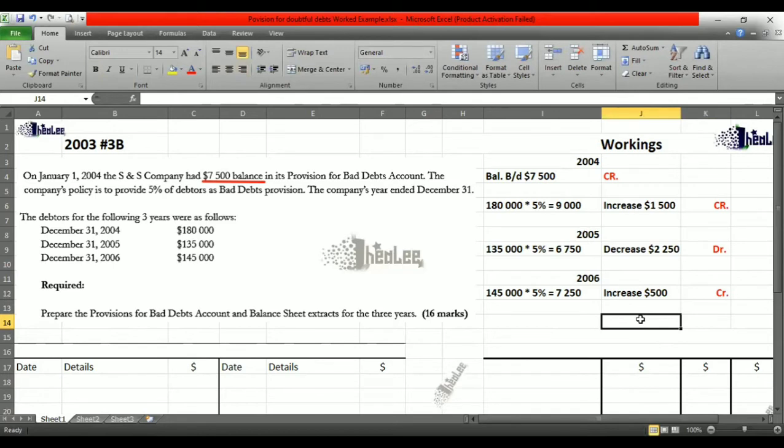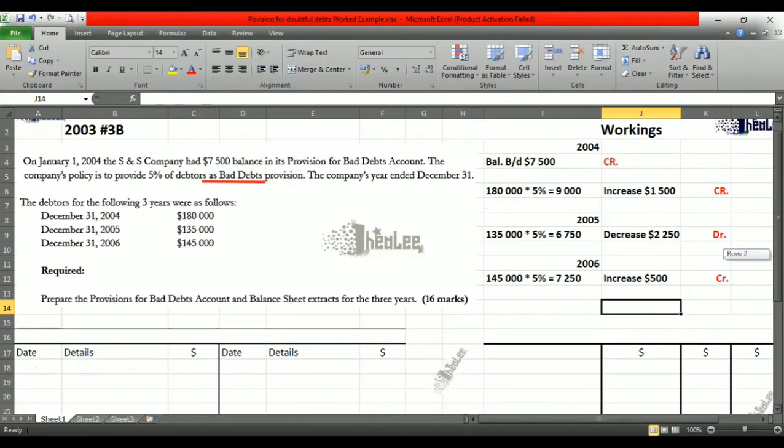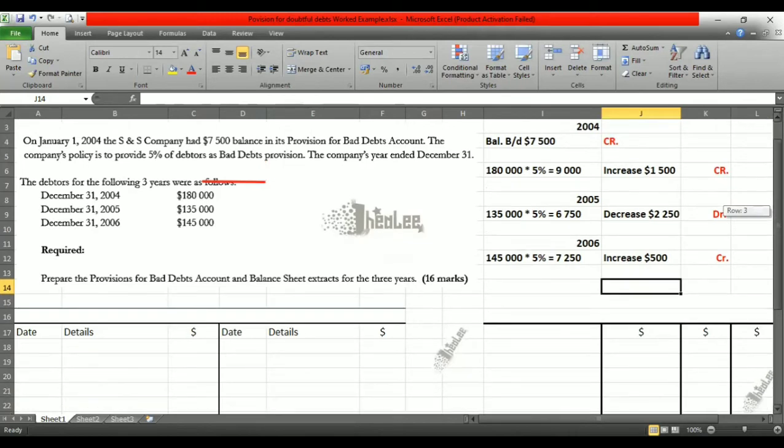So that is our workings based on the question given for each year for the provision for doubtful debts balance for the different periods. So now that we have our workings, we're able to prepare our provision for bad debts account, which we were asked to prepare.